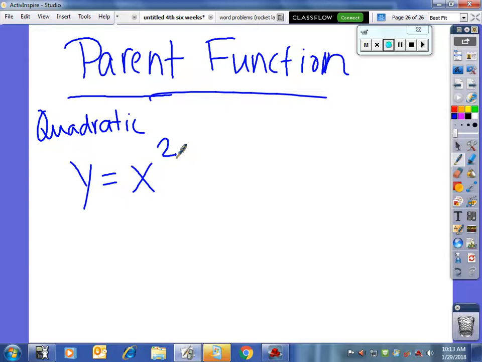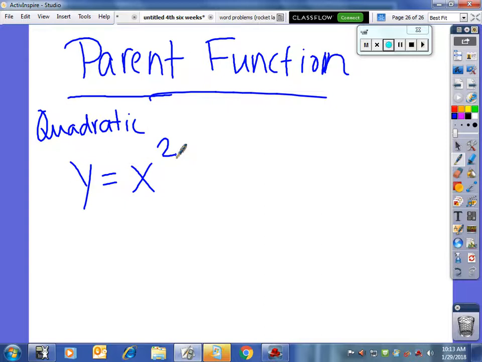And y equals x squared is a very simple, basic parabola. They expect you to know some things about the parent function. They expect you to know its vertex, its roots if it has any, its axis of symmetry, what it looks like. Is it considered skinny or fat? Or in other words, narrow or wide? Is it opening up? Is it opening down?